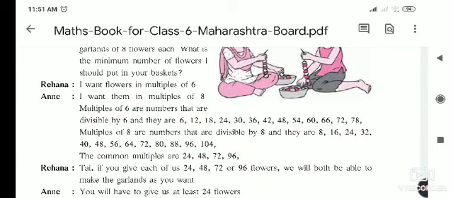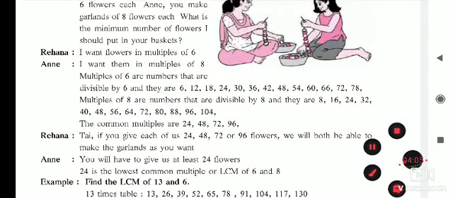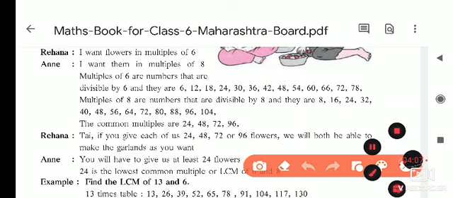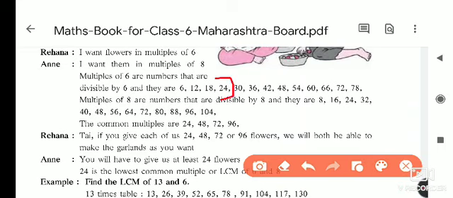Now from these, which are the common multiples that we note down? If you see here, the first common multiple is 24.